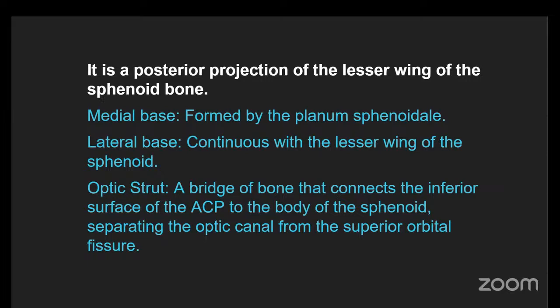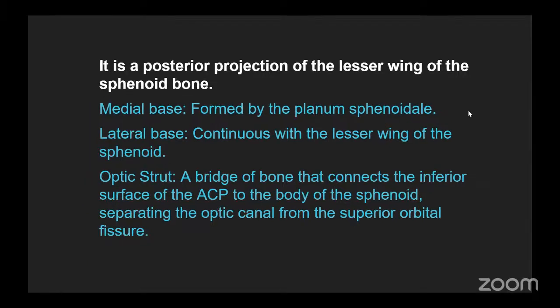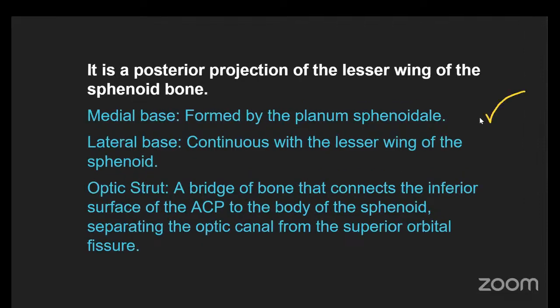When we talk about anatomy, I'm going to show you some pictures, but just have a clear idea. This is a triangular structure. Let me draw it again. This portion is the planum sphenoidale. This portion is the lesser wing of the sphenoid. And here we have the ACP.